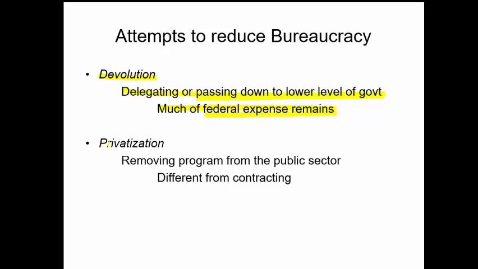And then one final way to try to reduce bureaucracy, of course very difficult, is to privatize that particular sector. And that's difficult to do because if somebody could make a profit off of that public service, then somebody would be doing it very successfully for a long time.